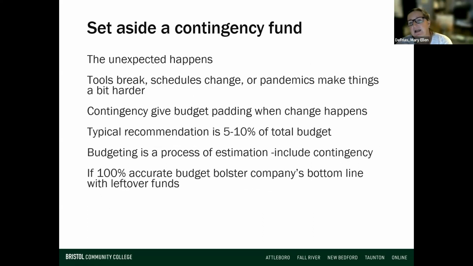And you always want to have a contingency fund in your budget. Tools break, schedules change. Who knew we were going to have a pandemic that would have shut the world down for a year and a half? Okay. Anywhere from 5 to 10% of your total budget should be put aside for contingency.